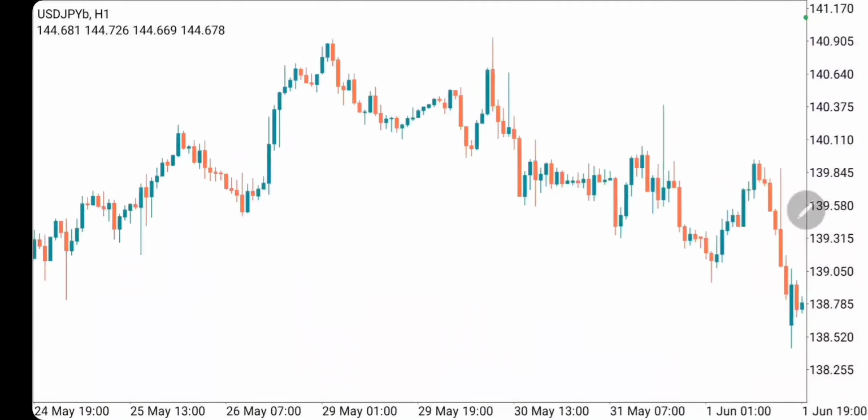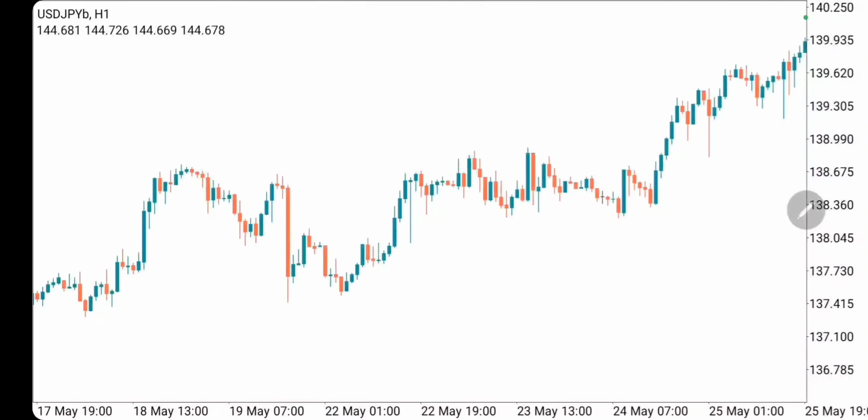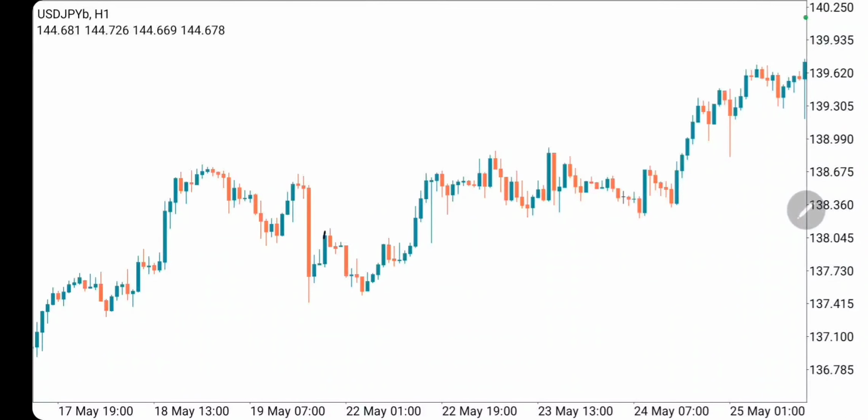All right, let's see if we can see another example. Like here now, this is a mini supply zone. So you see they start selling right here. You are thinking that the market is going to continue to sell, and now they take out your stop loss.